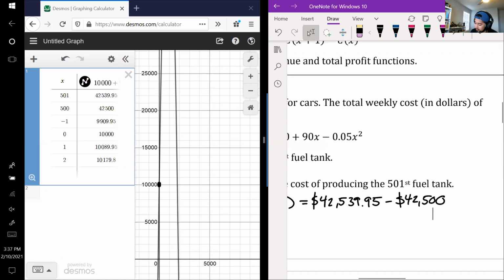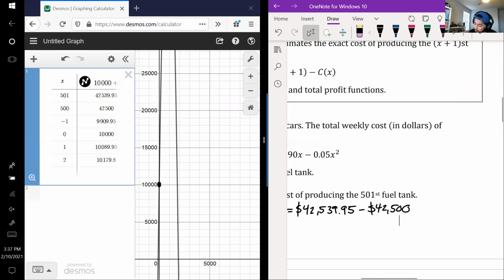Okay. And now if you subtract those two terms, you're going to end up with the exact cost of the 501st fuel tank being $39.95. So that's the exact cost of the 501st fuel tank.